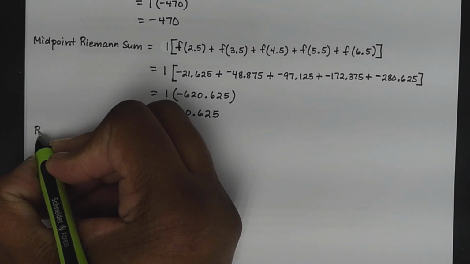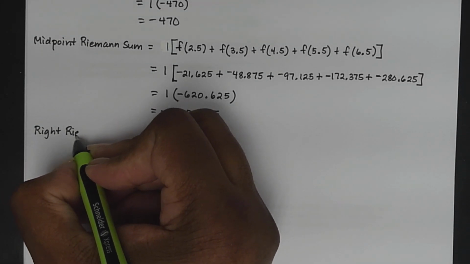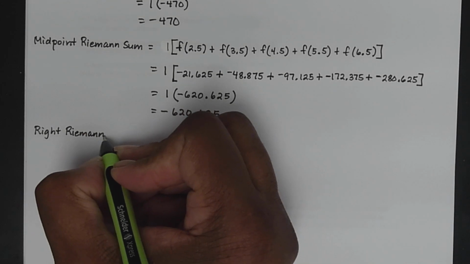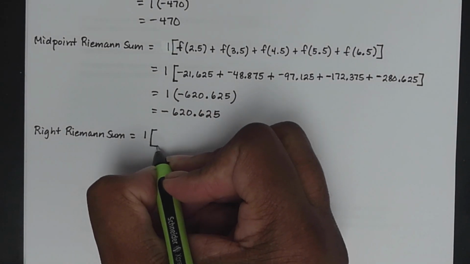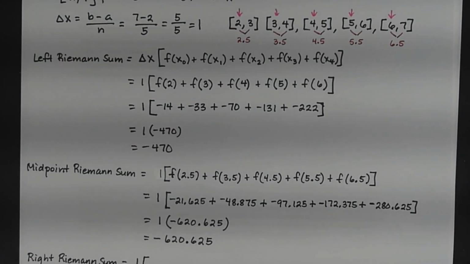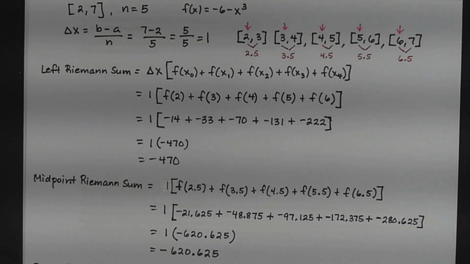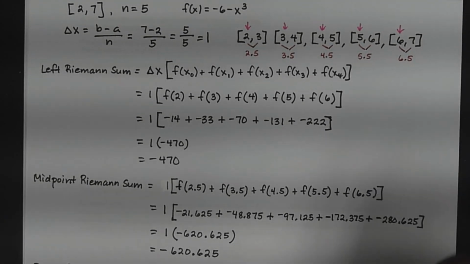And now for the right Riemann sum. My delta x is still going to be 1 times. Now we look at our right endpoints from each individual sub-interval.